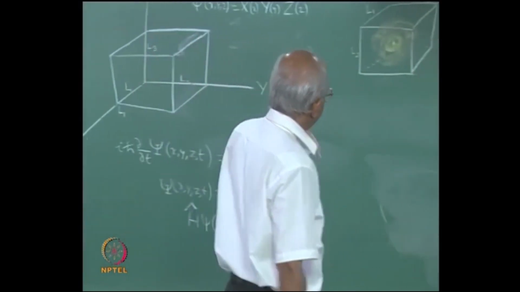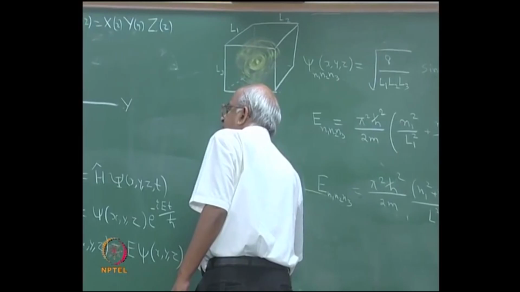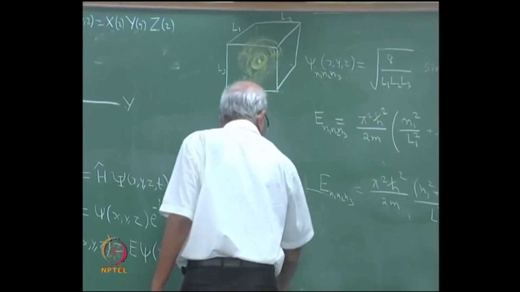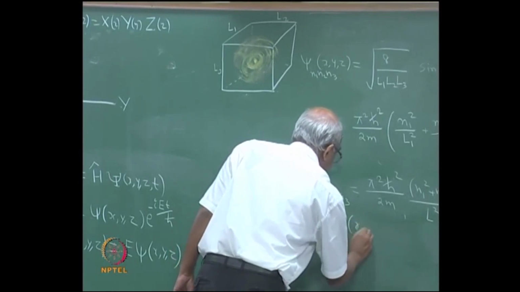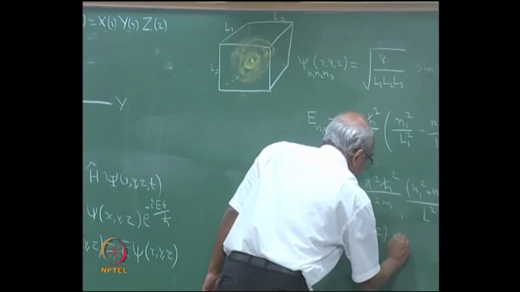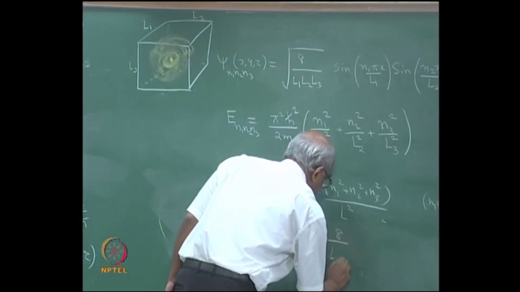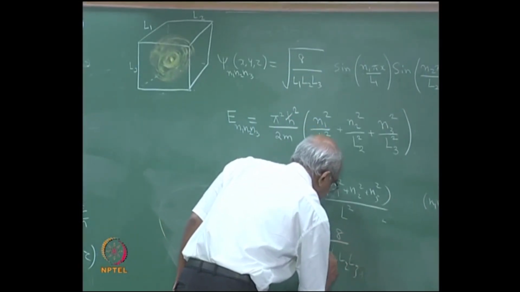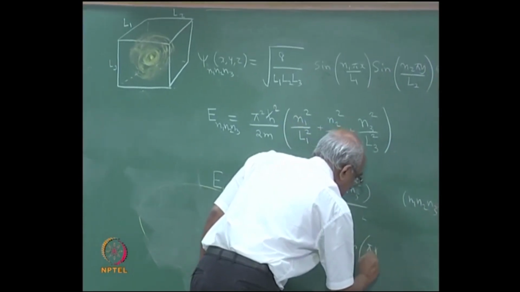Now, suppose you are thinking of psi 1 2 1 of x y z. Explicitly written, it is going to be the square root of 8 by L1 L2 L3, times sin pi x by L1.